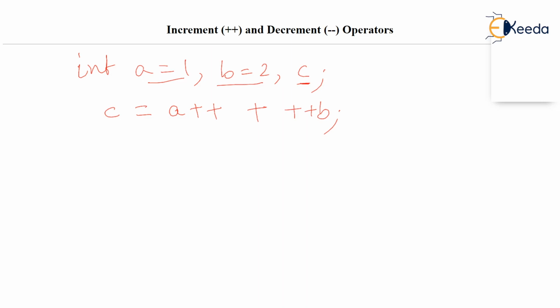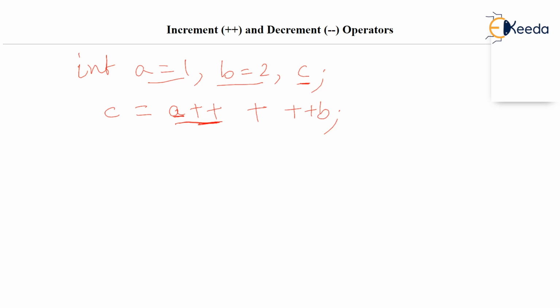When C solves this expression, first of all, C will search for the prefix operators. Now note, this plus plus is written after A, isn't it? So what does it mean? This plus plus is postfix. That means you should increase A, definitely, but after the expression is solved.